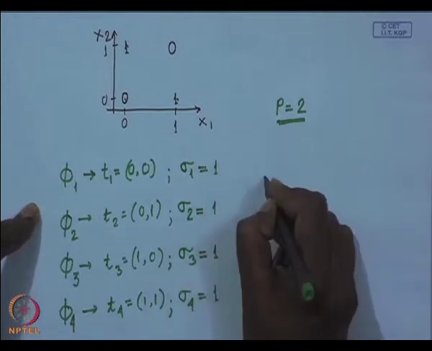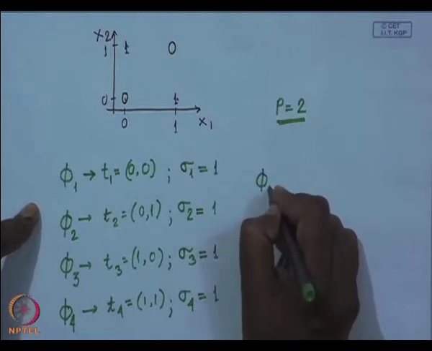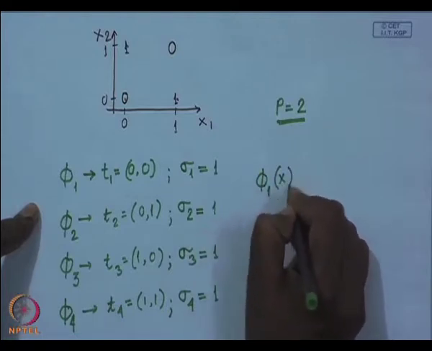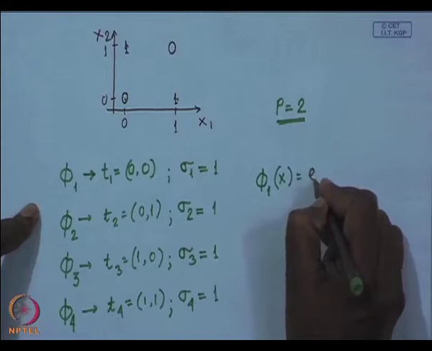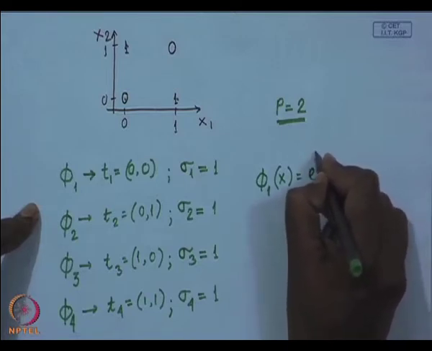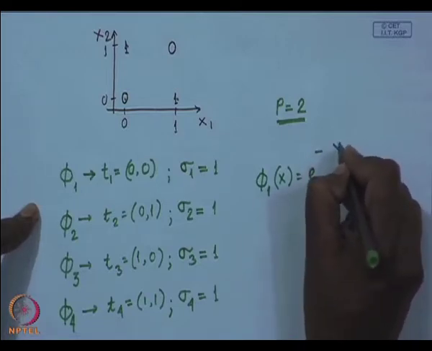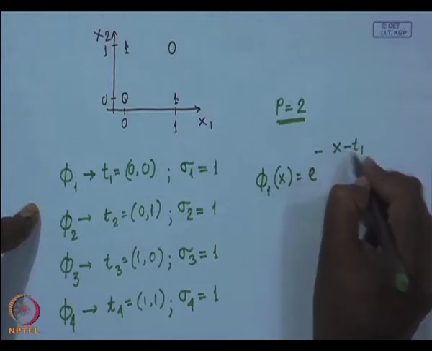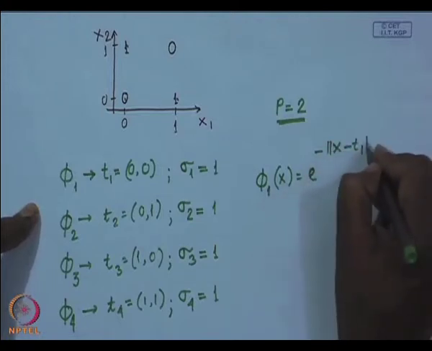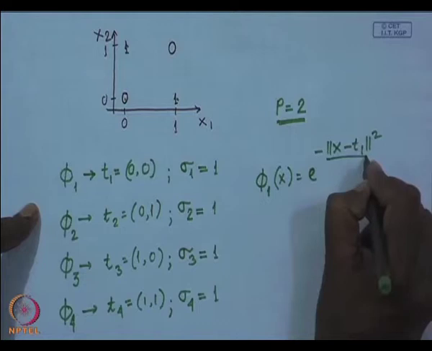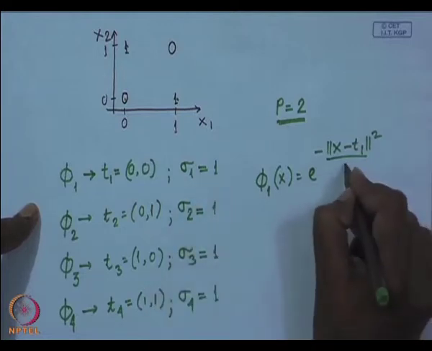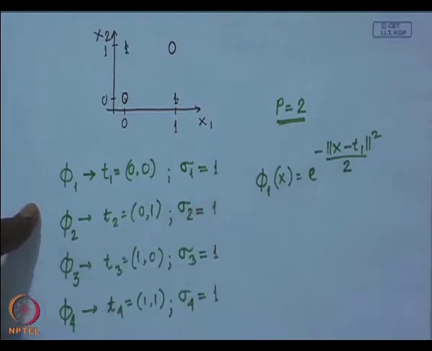So, I get phi 1 of x, which is of the form e to the power minus x minus t 1 square of this upon 2 sigma 1 square, and sigma 1 being equal to 1, this will be equal to 2. Okay.